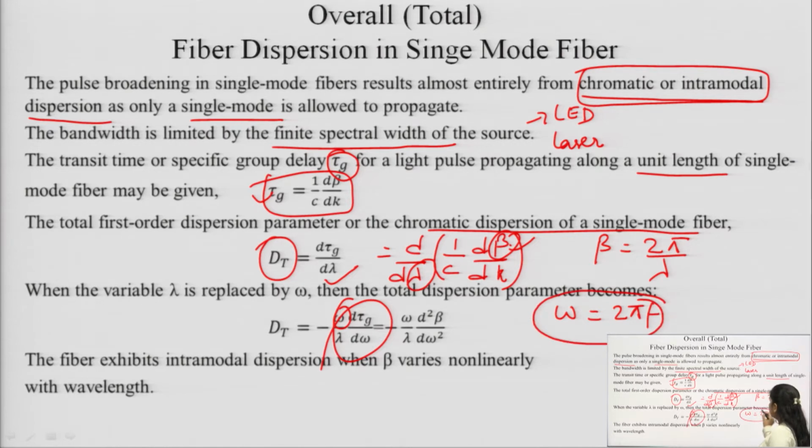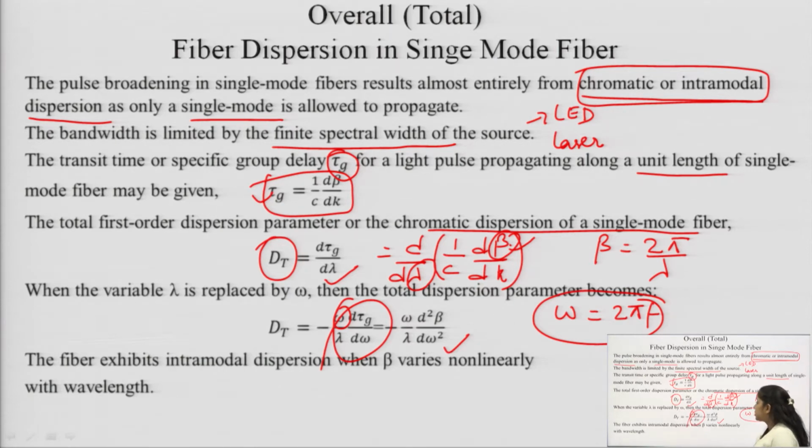You can solve it and get this result. So, tau g value you can have from here and substitute, and you will get the first order dispersion parameter or the chromatic dispersion of a single mode fiber.